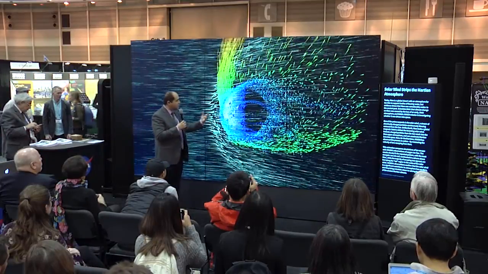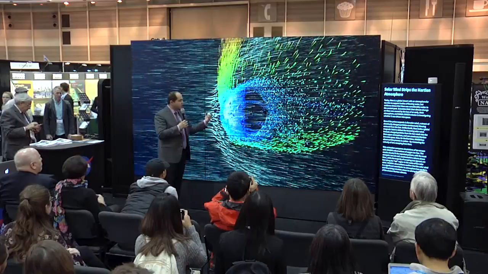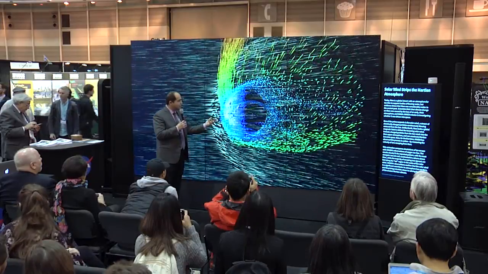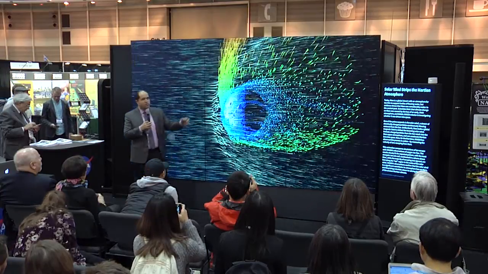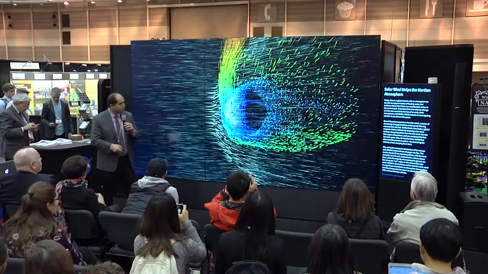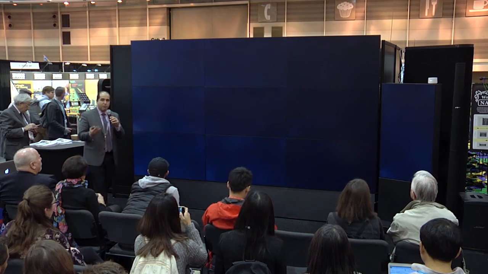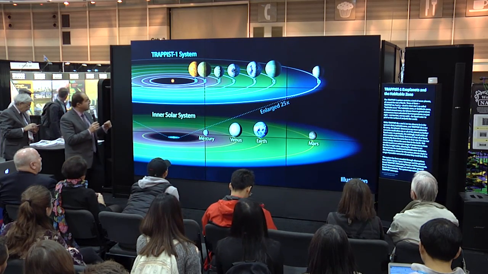But because the magnetic dynamo stopped for some reason, the solar wind actually stripped the atmosphere of Mars. And that's what we learned from the MAVEN spacecraft that went to Mars just recently.